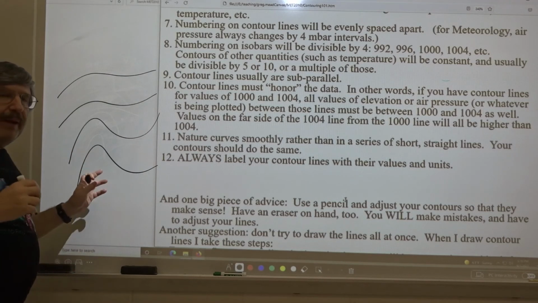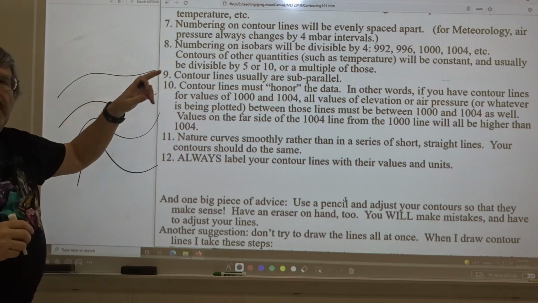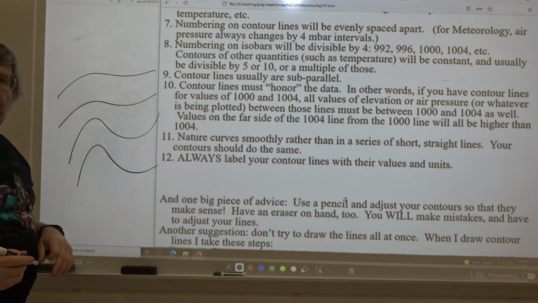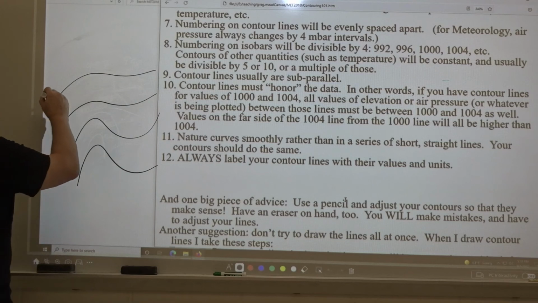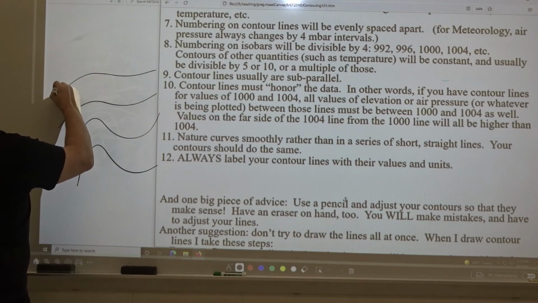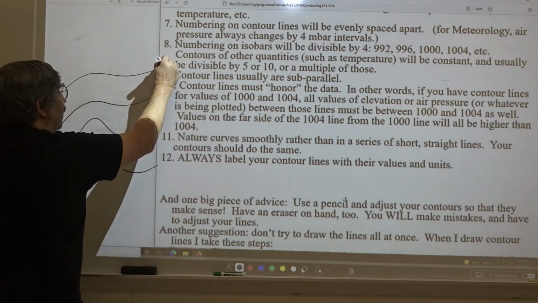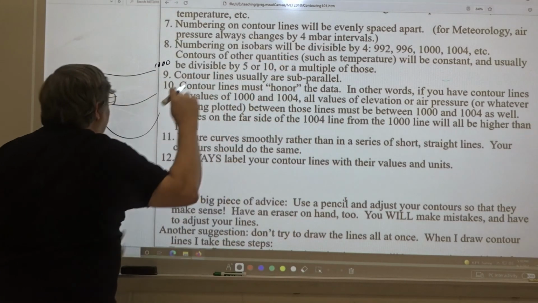Try to label them as you move along the contours so that you don't lose track of what each individual contour line means. And so if this was, say, 1,000 millibars, you might go along for a while and then label it 1,000 millibars over here and then 1,000 millibars over there.